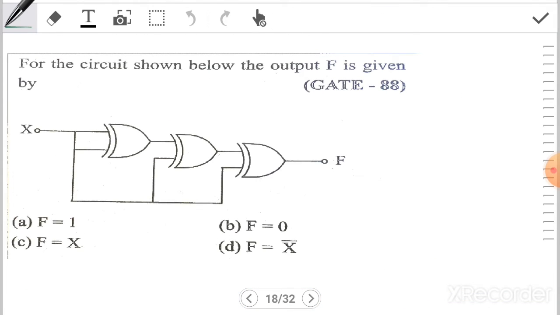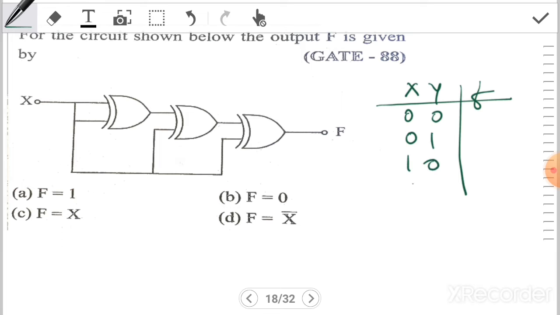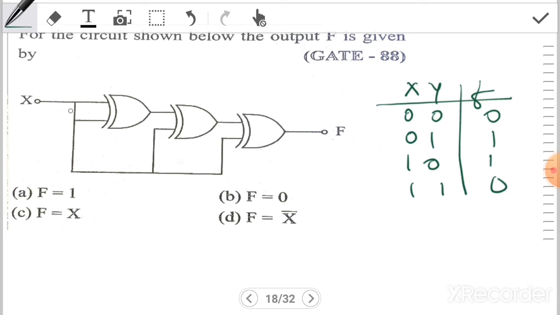For the circuit shown below, the output F is given by. So this is the XOR gate. Truth table for XOR gate will be: here both inputs are same. So for the same input, output is 0.